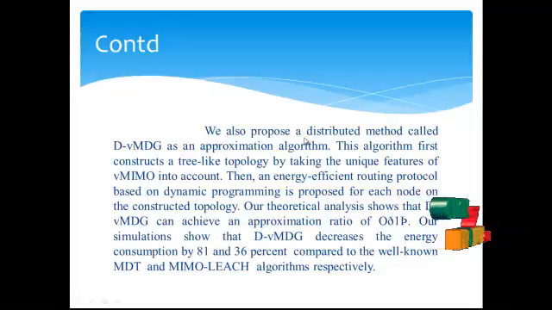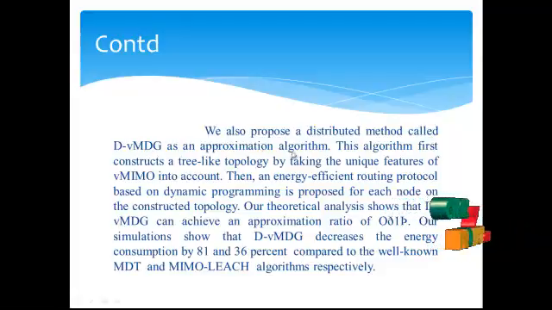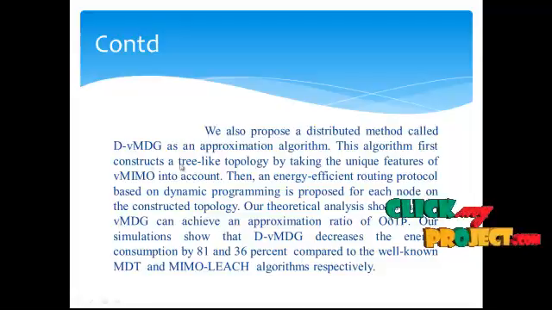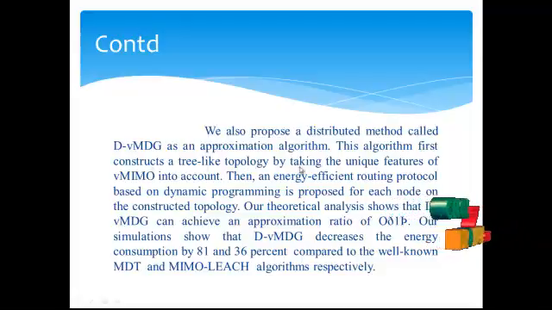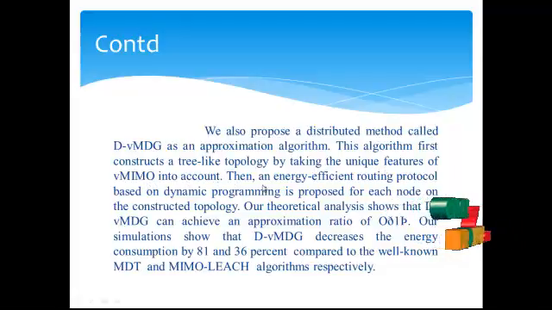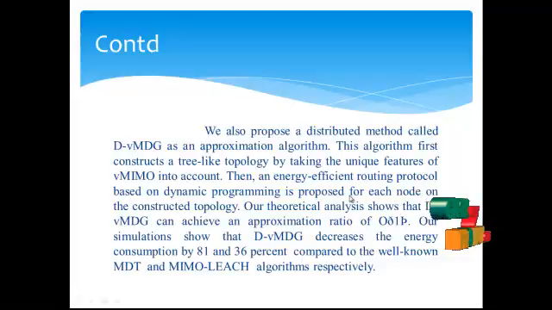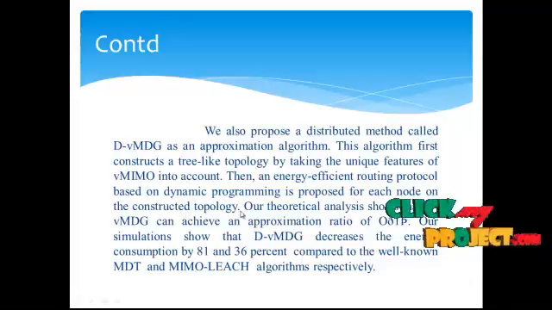We also propose a distributed method called DVMDG as an approximation algorithm. This algorithm first constructs a tree-like topology by taking the unique features of VMIMO into account. Then an energy efficient routing protocol based on dynamic programming is proposed for each node on the constructed topology.